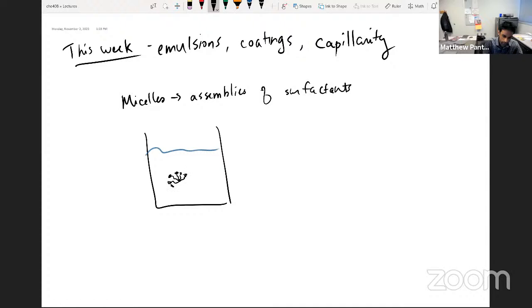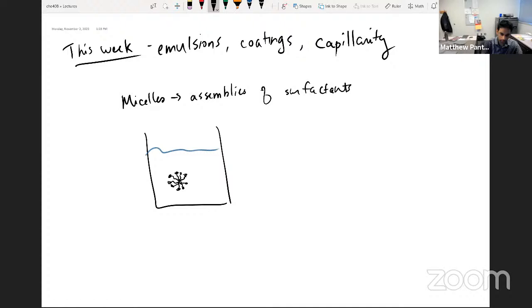So basically, these polar heads, which are much more energetically favorable to be exposed to water, will go to the outside, and all the hydrophobic tails, which do not like to be exposed to water because of hydrophobic interactions, sort of group together. And this is thermodynamically favorable, so this happens.